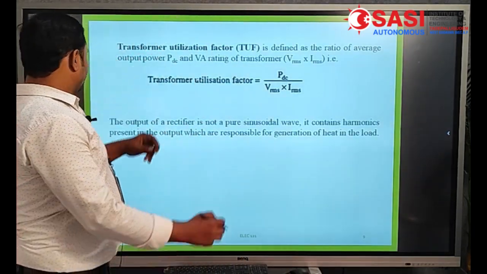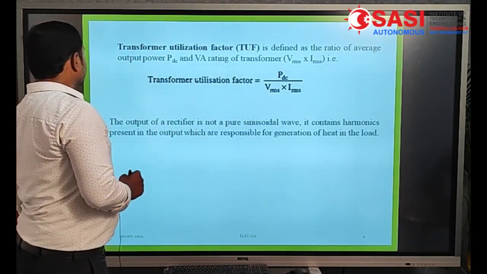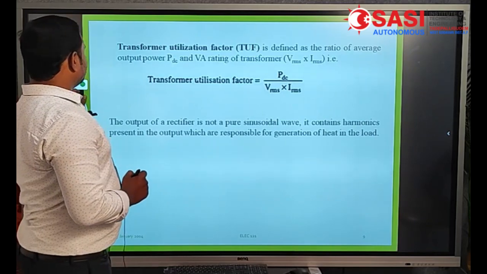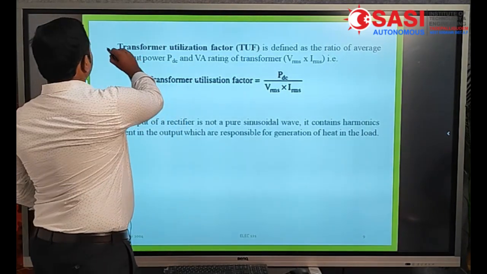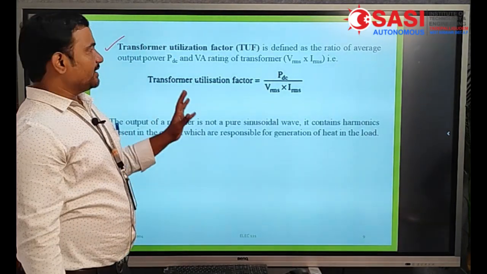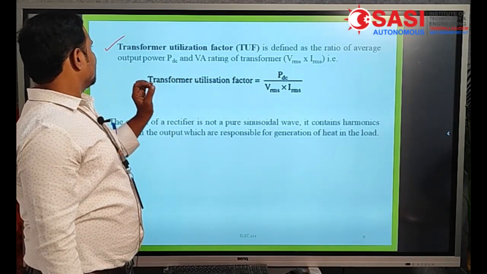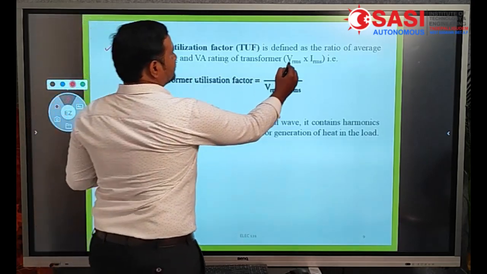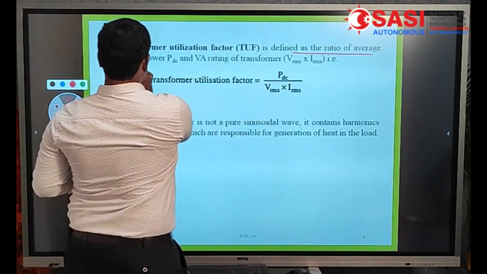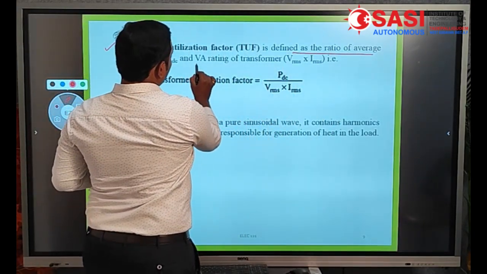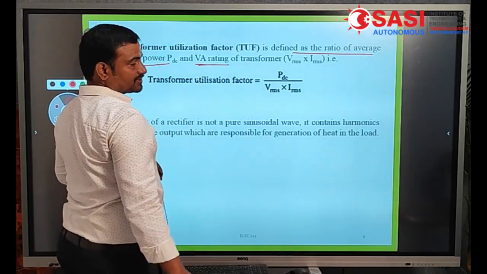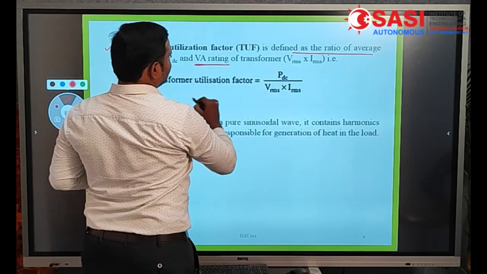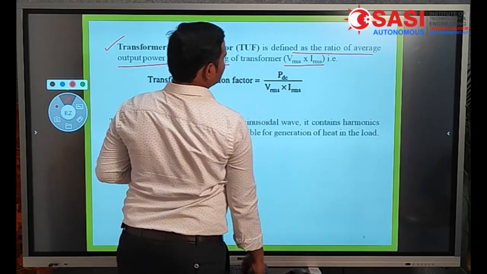So finally we can find the value of the transformer utilization factor, that is TUF. For every controlled circuit we calculate the transformer utilization factor. It is defined as the ratio of average power output PDC and the volt ampere rating of the transformer. Generally, transformer volt ampere ratings are taken in terms of RMS values only.